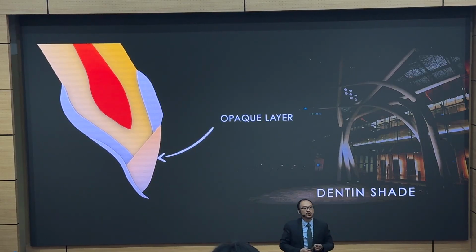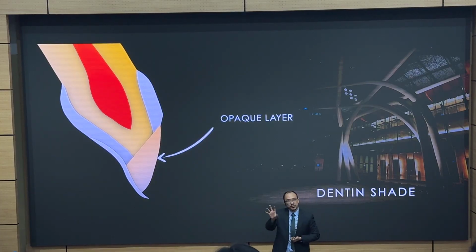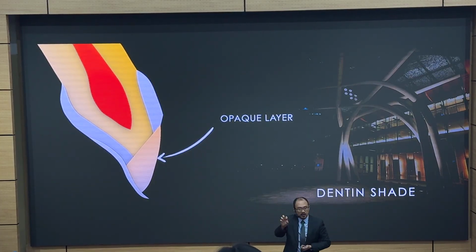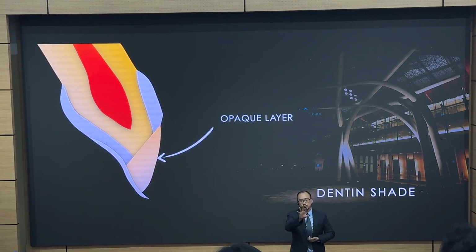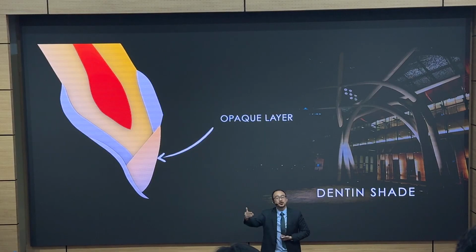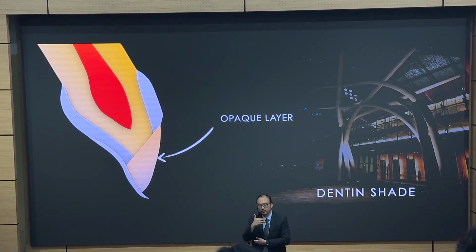For those who are using 3M composites, you know that you have 3M enamel and 3M dentin, right? The 3M dentin is meant to be the opaque shade. Most people don't put enough. Most people therefore put too much enamel shade that is too translucent. Okay? That's why your class 4 restorations look a bit gray.